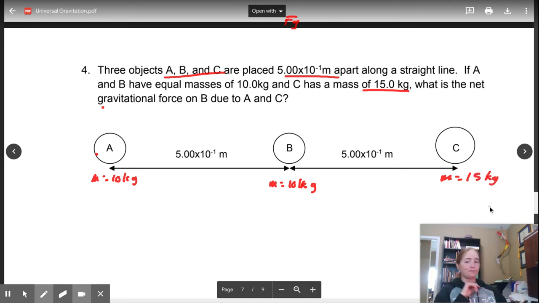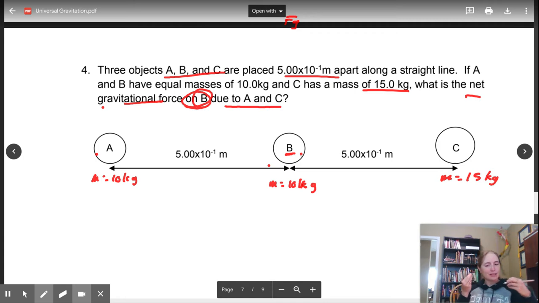So much easier. What is the net gravitational force on B due to A and C? So what this is saying is, what gravitational force is this object B experiencing?